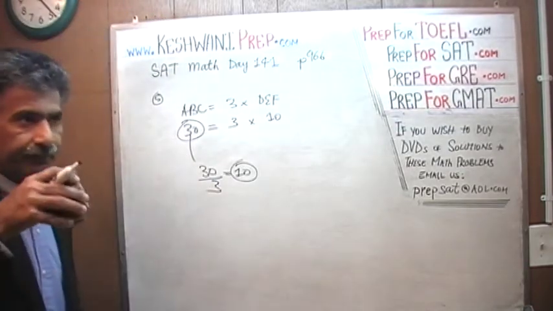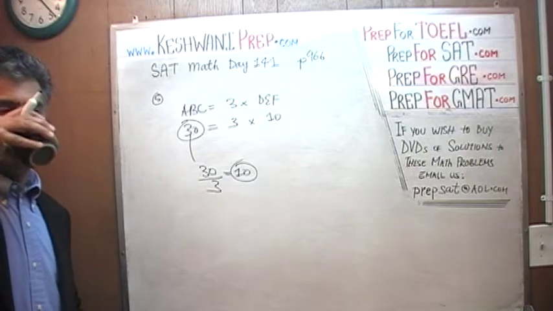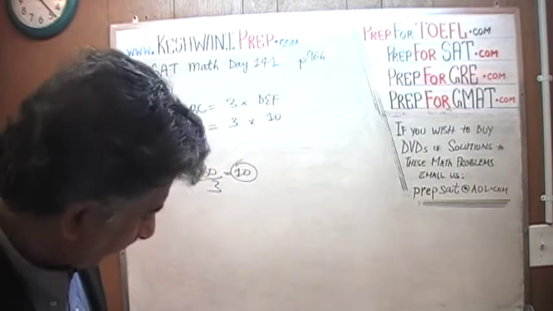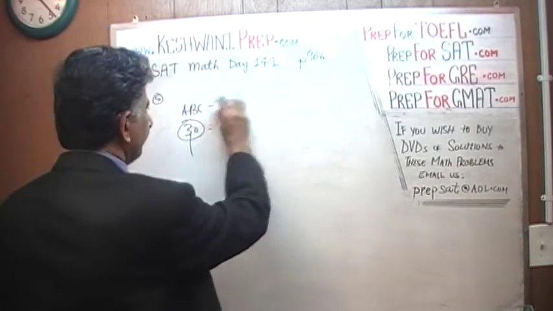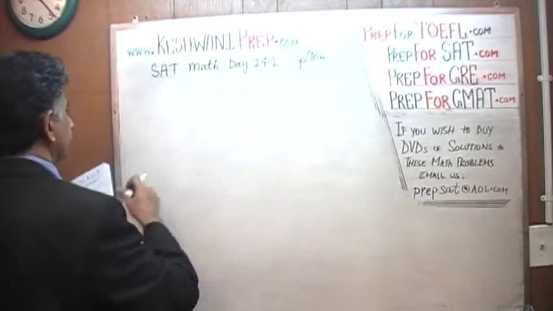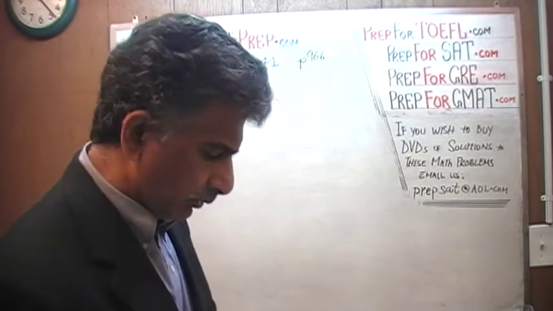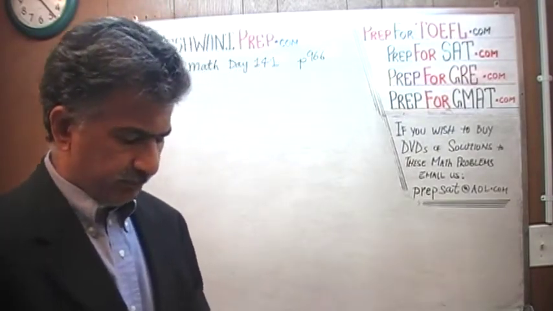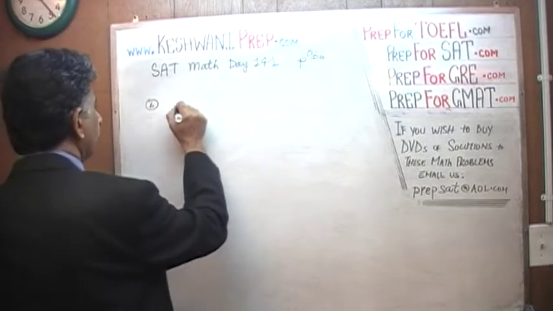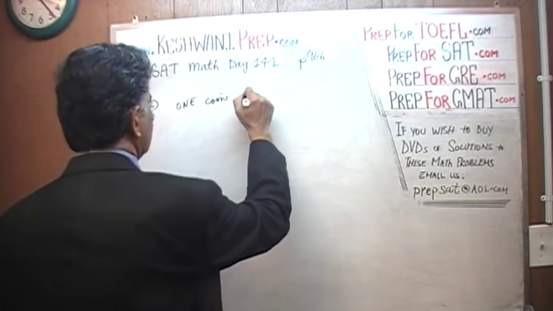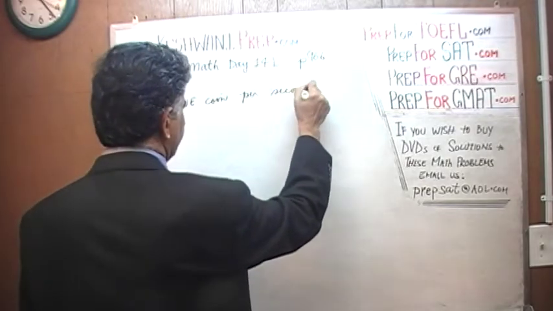Number 6. A machine mints coins at a rate of 1 coin per second. Alright, let's make a note. 1 coin per second.